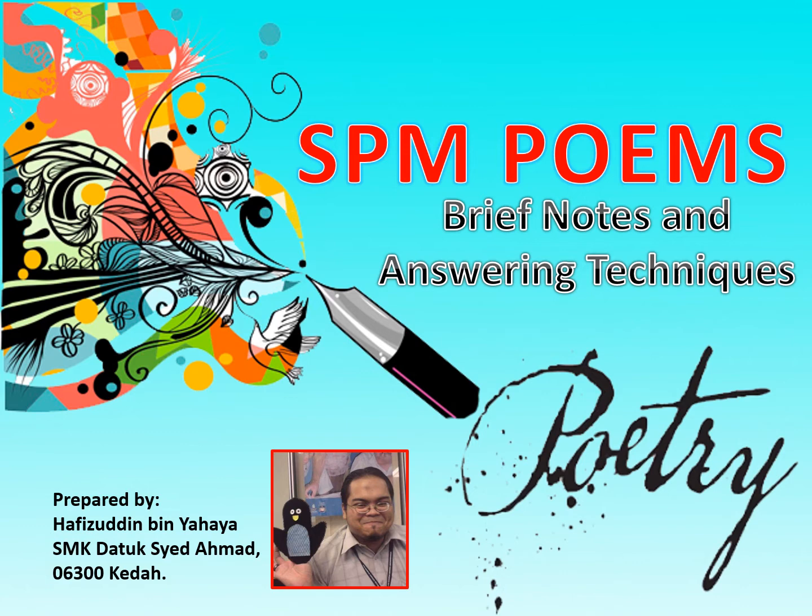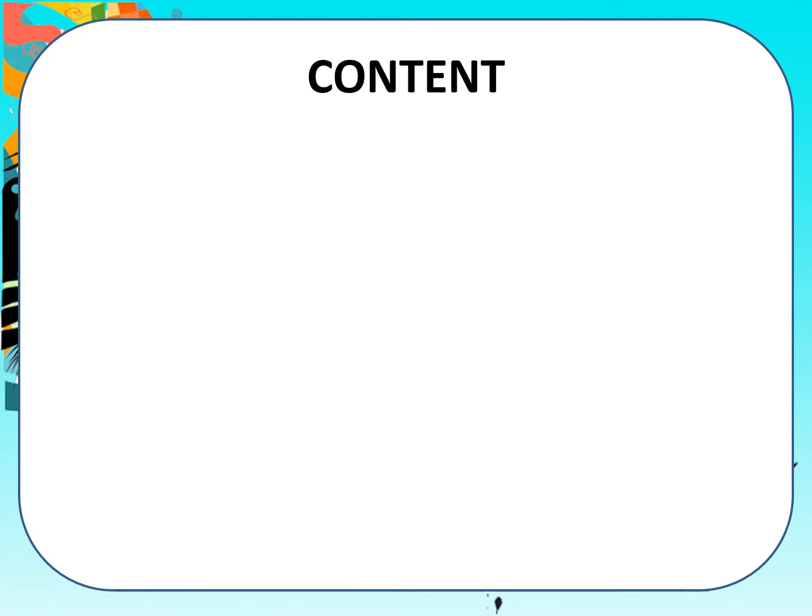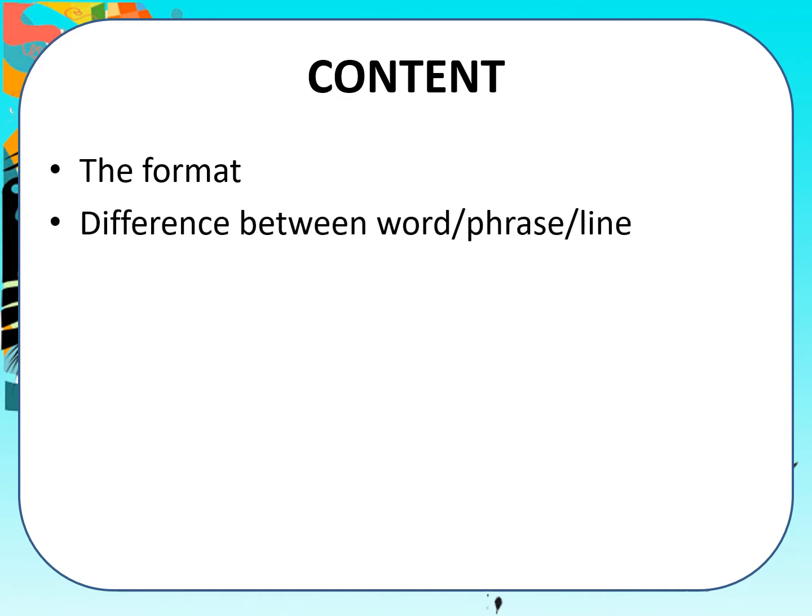In this video, I will share with you some important notes and answering techniques for SPM poems. First, we will look at the content of this video. You will look at the format and then the difference between word, phrase, and line.